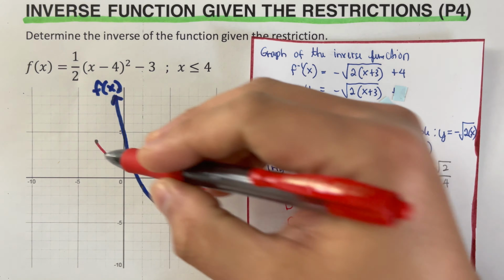Now, looking at this graph that we have right here, we can say that these two are inverses of each other, because if we sketch the line of symmetry for inverses, which is y is equal to x, you can see that these two graphs are symmetric with respect to each other.